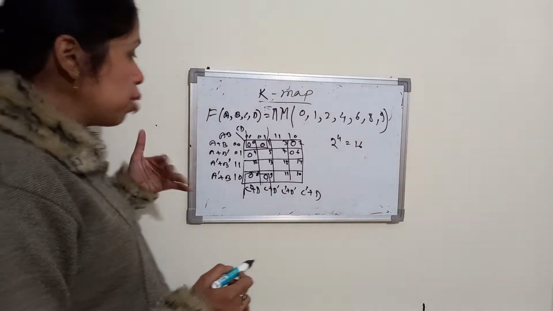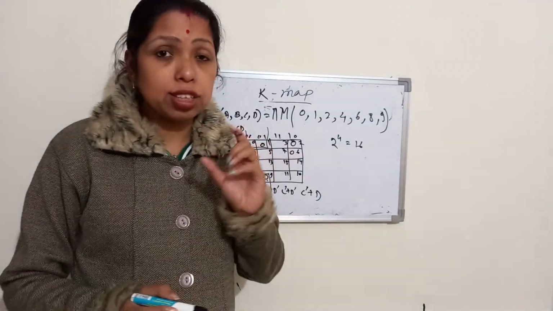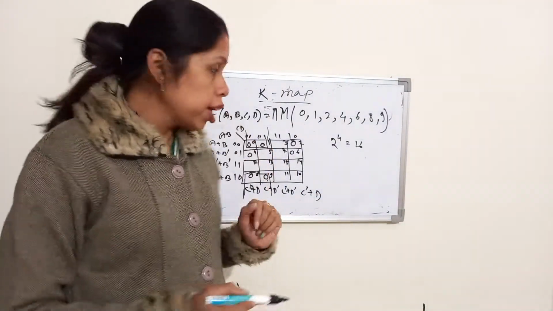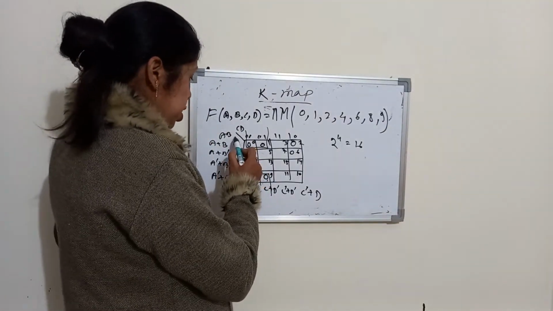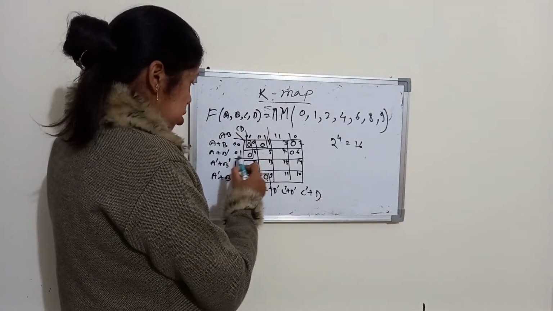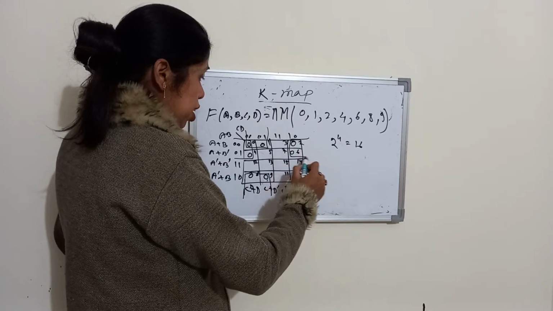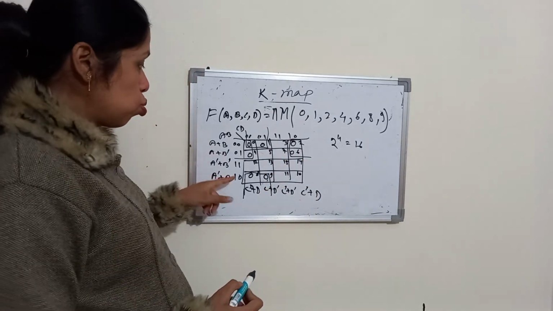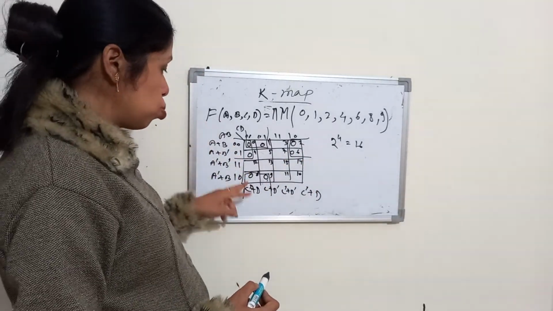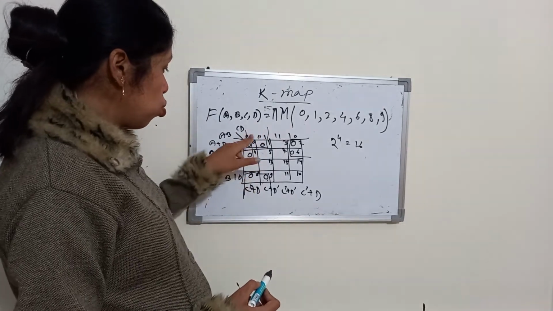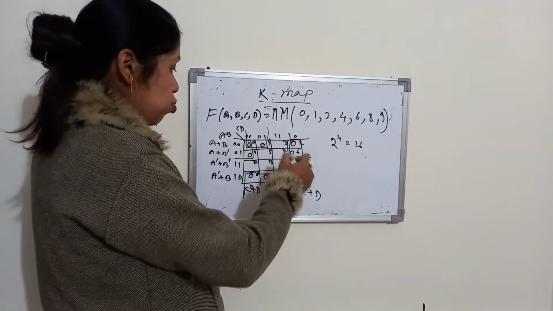Apart from this, are there any more four adjacent zeros? Yes, these four zeros can create one group. So how many groups are there? Two groups: these four and these four.